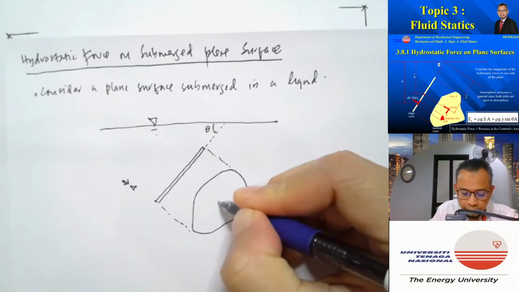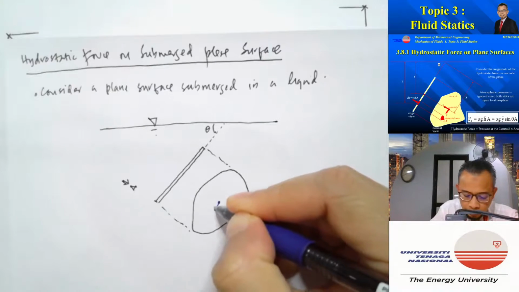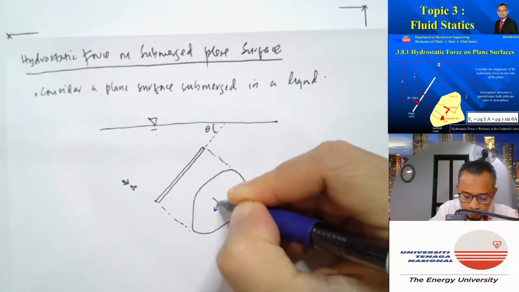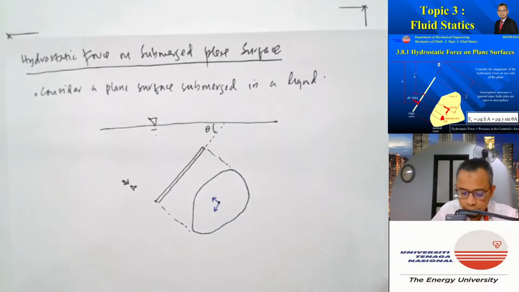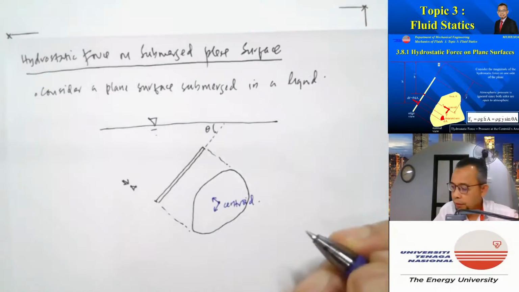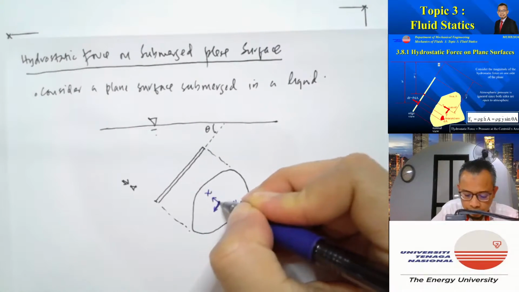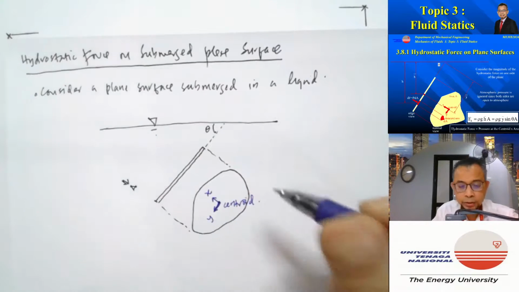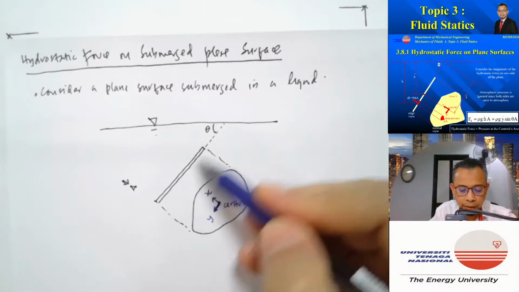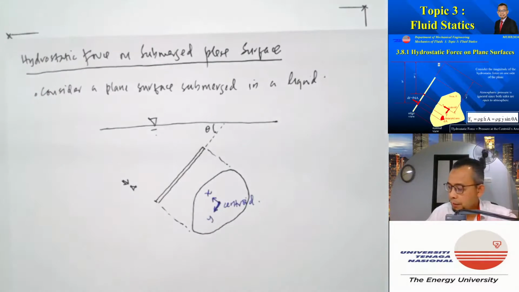And let's define our origin at the centroid of the surface. So this is the centroid, and that is our x direction, and the y direction is in the direction parallel to the edge view of the surface.